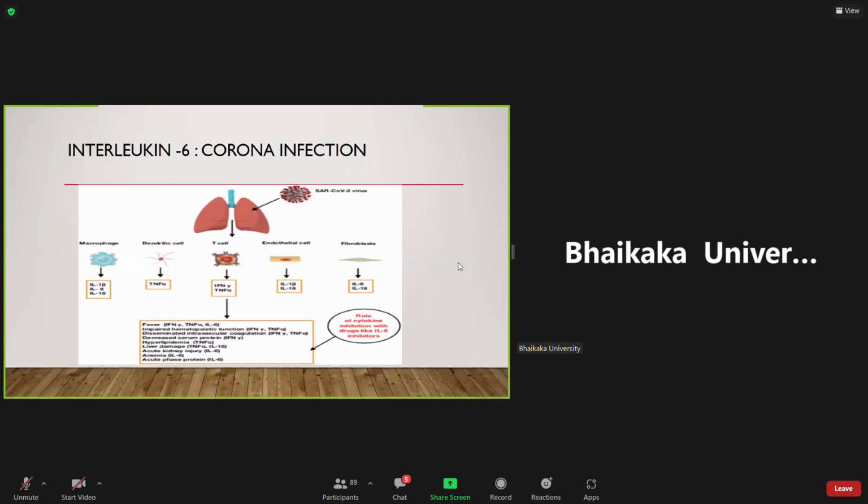So then there is decreased serum protein because of interferon gamma. There's hyperlipidemia, liver damage, acute kidney injury. So yeah, after lung, the two most commonly affected organs in COVID are your kidney and liver. And associated anemia is also present.